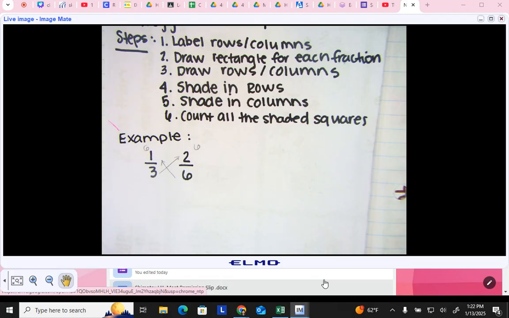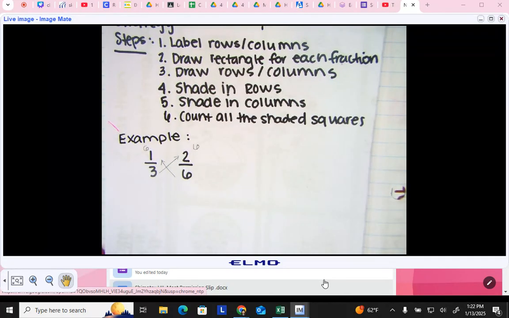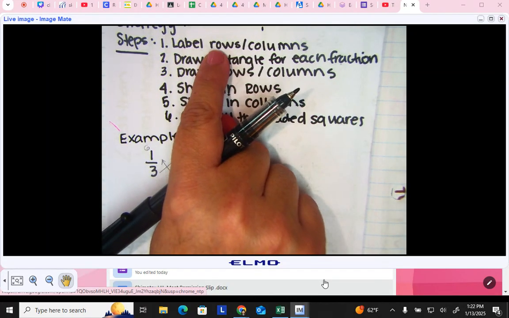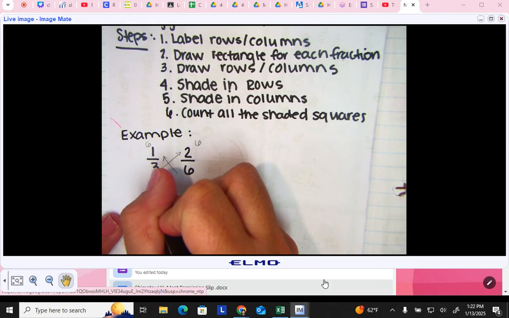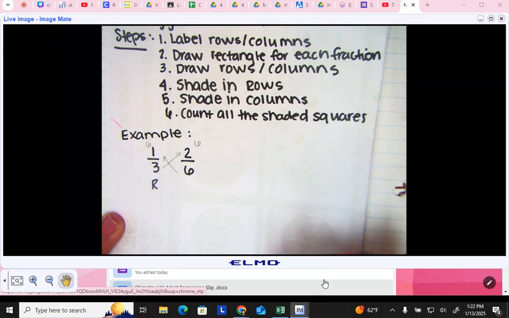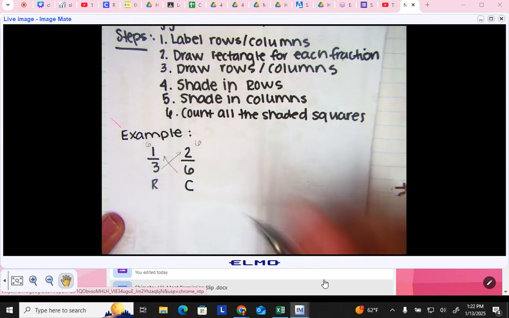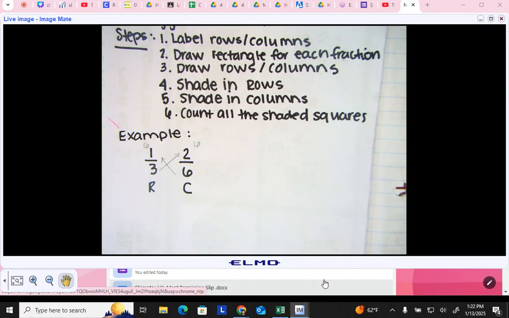Alright. So, step number 1 says label rows and columns. This has not changed. This is just like when we used to do area models. Remember? This time, your first fraction is your rows, and the second fraction is your columns.